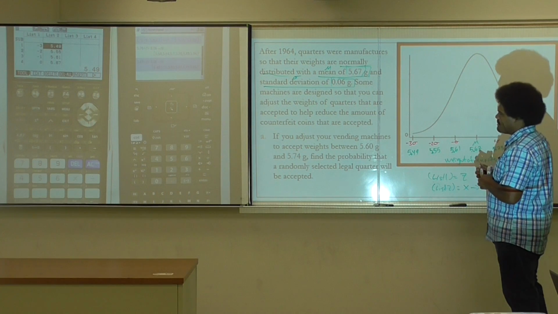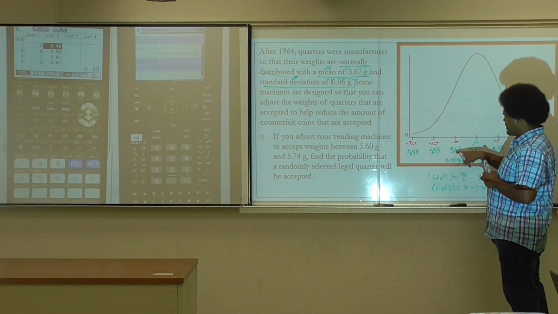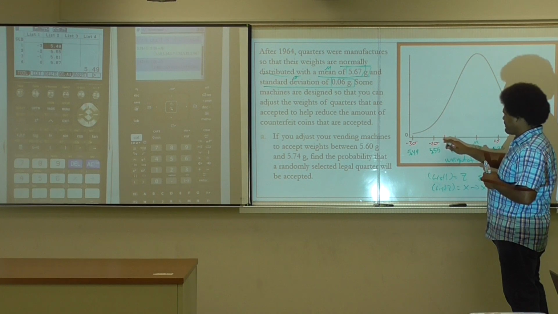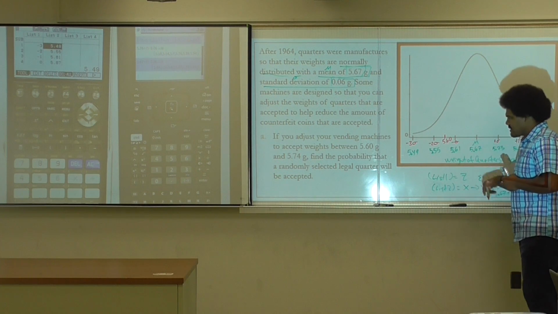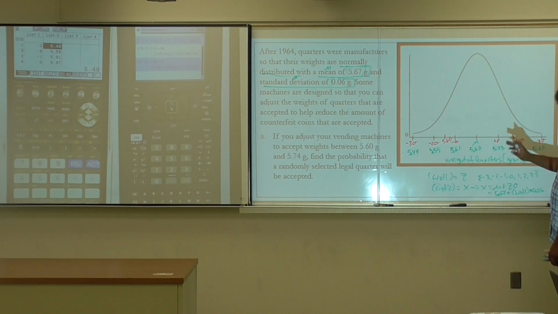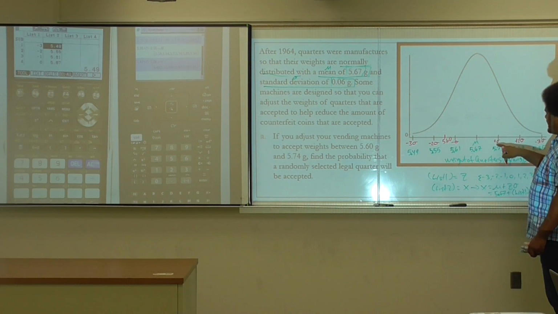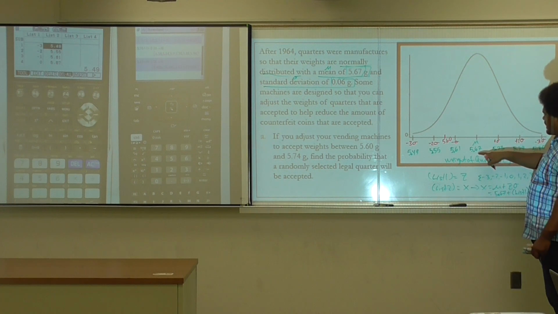So we're saying here it's supposed to be 5.6, which is pretty much around, that's about halfway over here. Okay, this is your 5.60, or almost halfway between these two. Maybe a little more to the left, but it's just a guesstimation of what's happening here. And over here, we're looking at it being 5.74.